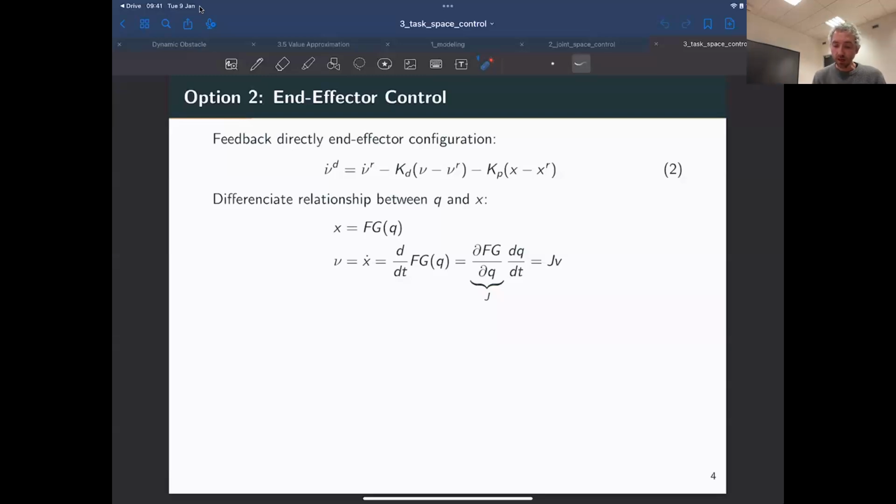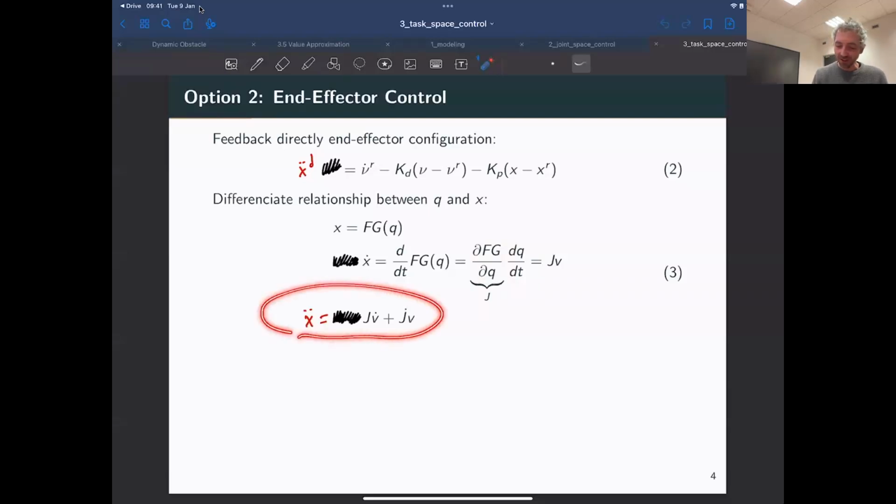So we get x dot equals J v, where J in this case is the derivative of the forward geometry function with respect to the joint angles. So it's a matrix, typically a rectangular matrix, as it was for the contact Jacobian. It's always a Jacobian, just of a different function.